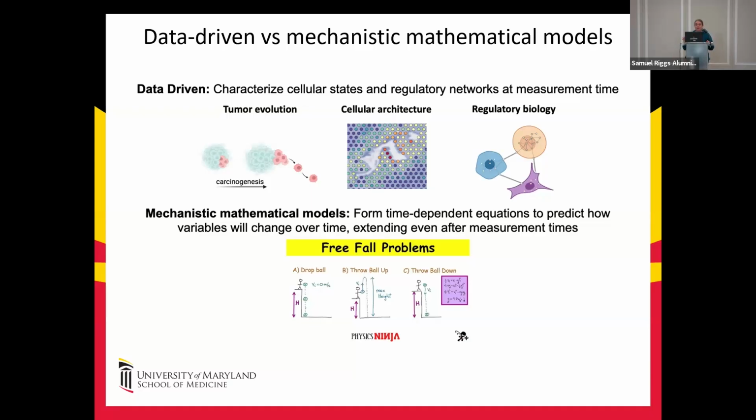And I would argue that's a lot of what we're doing in this type of characterization work. What you would do instead is go, okay, I know the force of gravity. I generally know how that works. So all I need to know is the initial condition: how fast am I throwing the ball, what direction, and what's the height. And then I can use a series of equations based on the force of gravity to figure out where it's going to go forward in time.